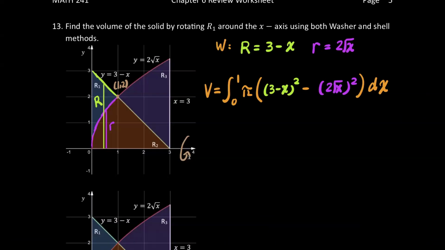Okay, so that's washer method. Rotating region number 1 around the x-axis. So we're gonna do the washer method first, and then we're gonna come back and do shell method.